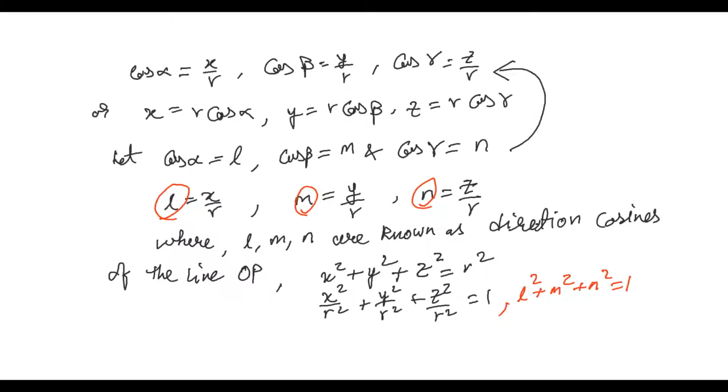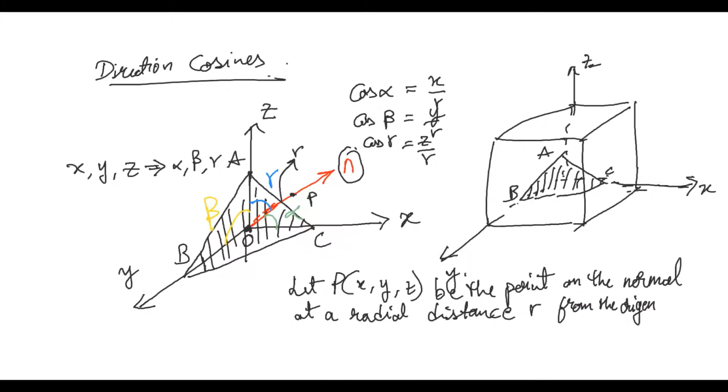L, M, and N are called the direction cosines for the plane over here, which is making an inclination of alpha, beta, and gamma, right? So this is about direction cosines.